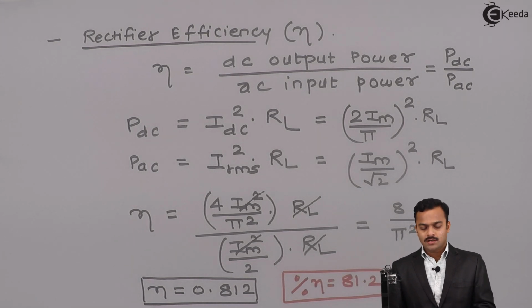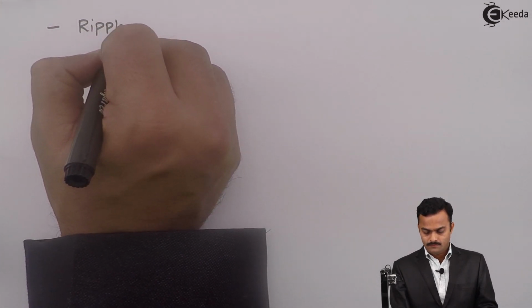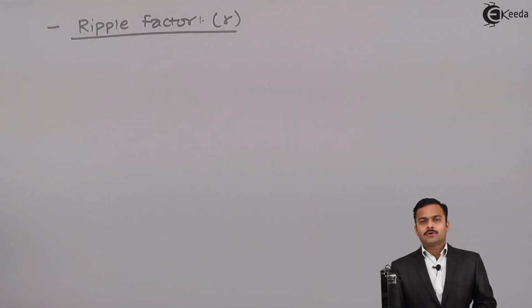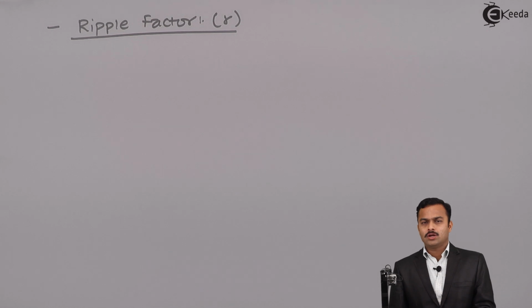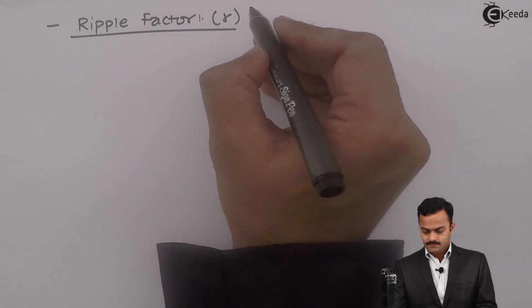Let us move to the next performance parameter, and that is ripple factor. The output of a rectifier is not perfect DC, it is pulsating DC. What does that mean? It has some AC component present along with the DC, and that component is called ripple.